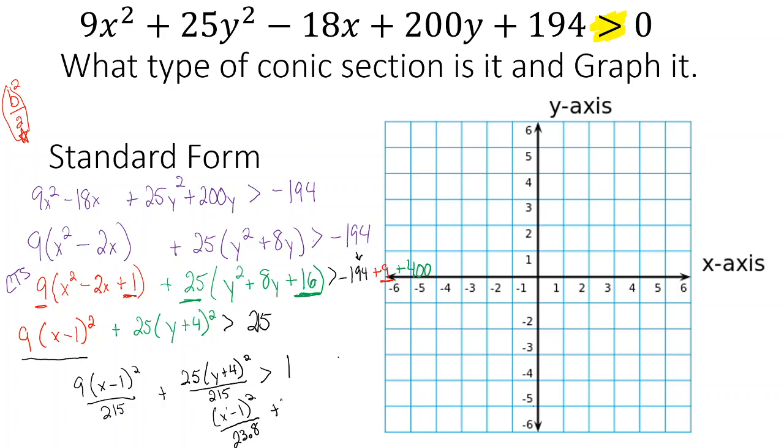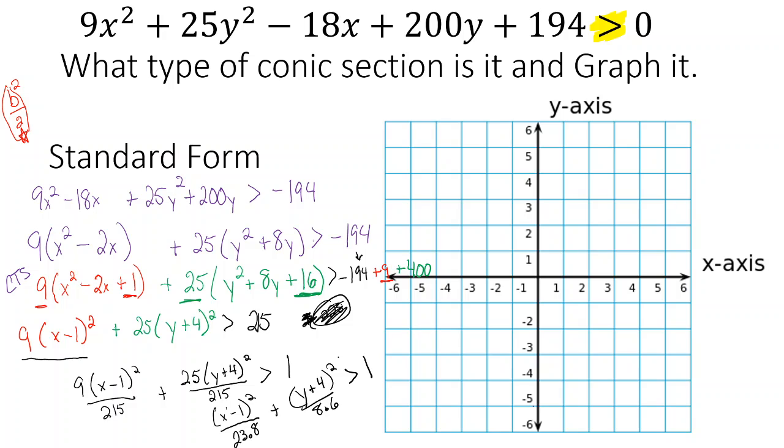And for the other one, 215 divided by 25 is 8.6, so it would be y plus 4 squared over 8.6 greater than 1. Again, I was trying to see if I had made a mistake, but it doesn't look like it. Hopefully, if this had been 225, which is 9 times 25, this whole thing would have been easier.